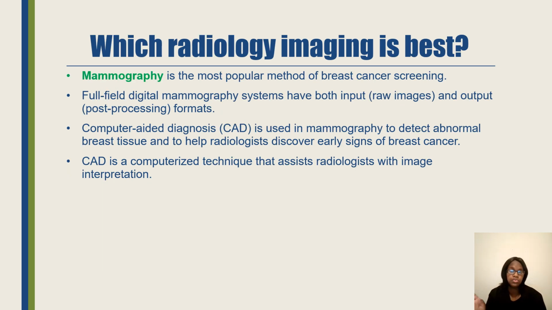When it comes to which radiology imaging is the best to screen for breast cancer, it is the mammography department. And you also have that computer aided diagnosis, which is used in the mammography department to detect abnormal breast tissue. This is going to help the radiologist discover early signs of breast cancer. So it does assist the radiologist with image interpretation.